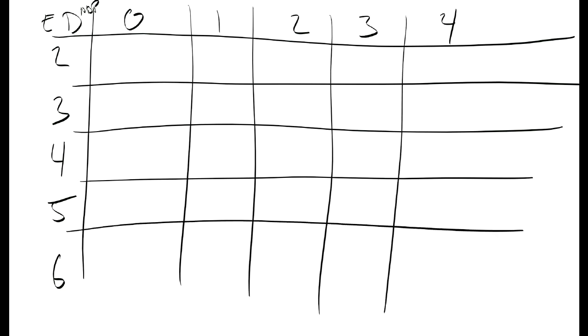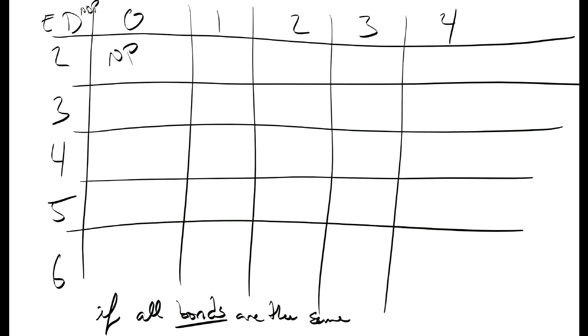But this one is linear, so it is non-polar, because the two bonds cancel each other out. I should specify this holds if all bonds are the same. If all the bonds are the same, then that's what you're going to get, a nonpolar molecule. If you have different kinds of bonds, you might as well just give up and call it polar.